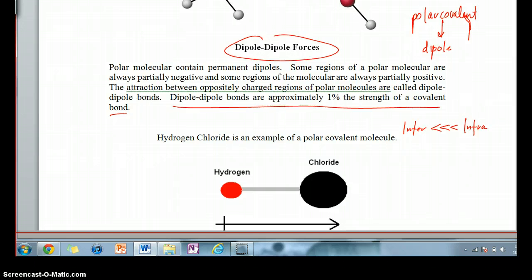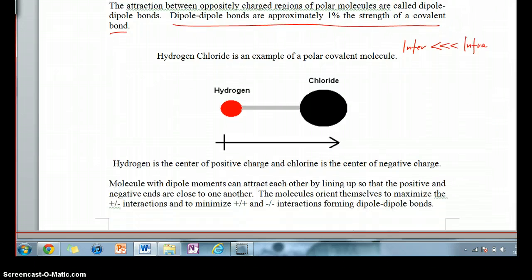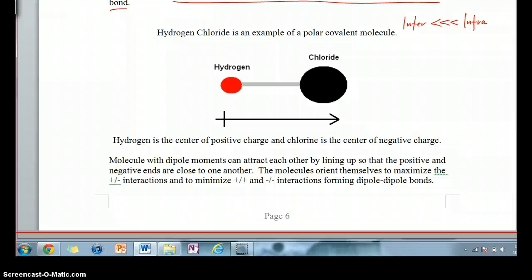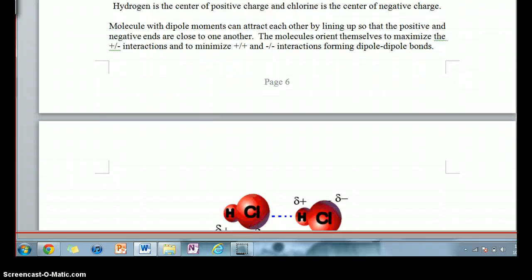Okay? So again, if we're thinking about something like hydrogen chloride, you've got hydrogen bonded to chlorine. Chlorine is more negative, hydrogen is more positive. So if we have another molecule that looks the same way, this is our more positive end, this is our more negative end, there's going to be an attraction between the negative end and the hydrogen that is positive. And so that's our dipole-dipole force, okay?